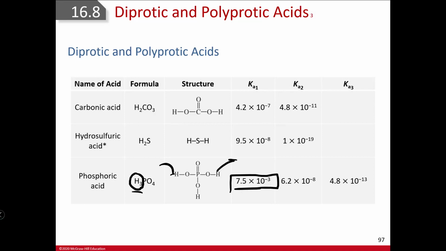Second one comes off, 6.2 times 10 to the negative 8. Third one comes off, 4.8 times 10 to the negative 13. So what I want you to get out of this, every time we take a hydrogen ion off something, the likelihood of that reaction going to completion for the next one is much less. And you can see that in these Ka values.